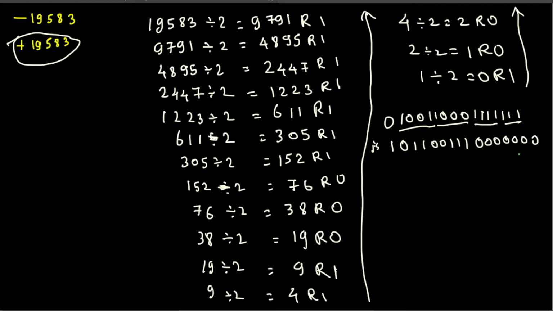Now we have turned it into one's complement, then add 1 to that, that is 2's complement. So 1 0 1 1 0 0 1 1 1 0 0 0 0 0 0 0 1. And that is our final answer.